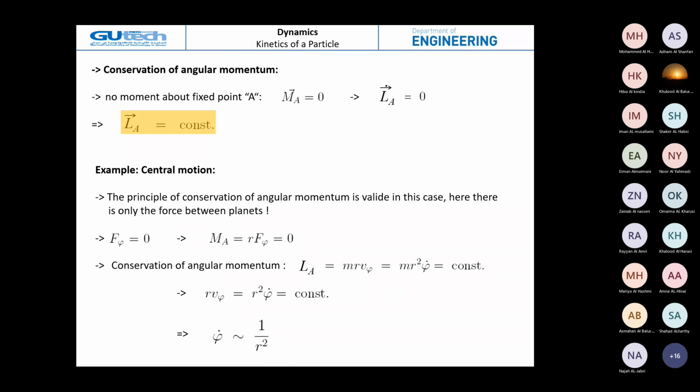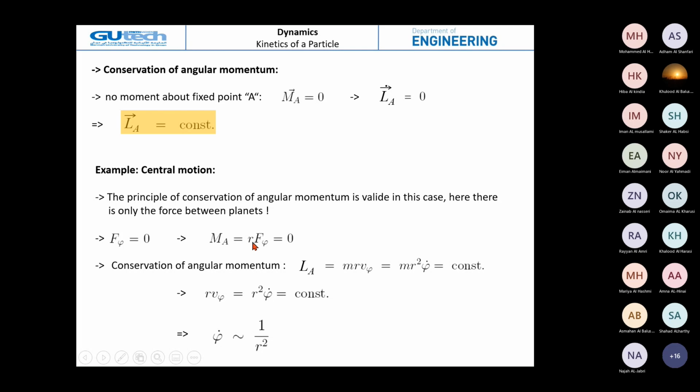Now, if you return back to the central motion, the principle of conservation of angular momentum is valid in this case. There is only the force between the planets, then Fe is equal to 0.